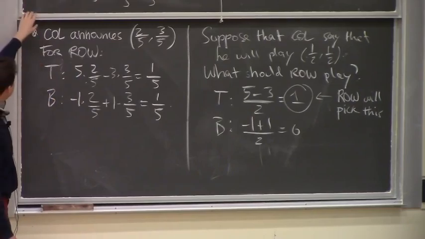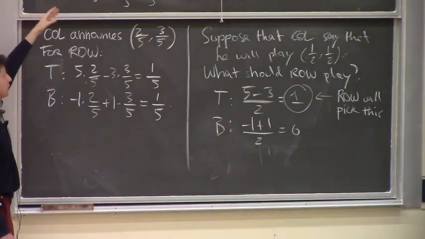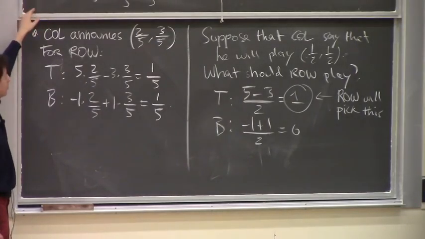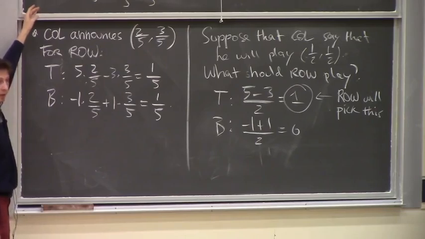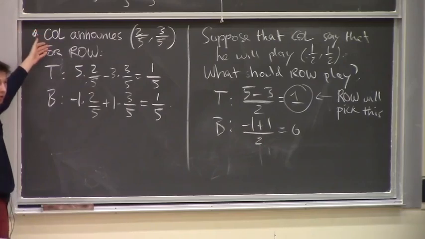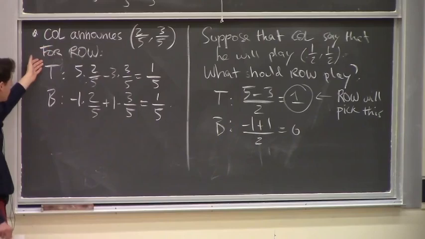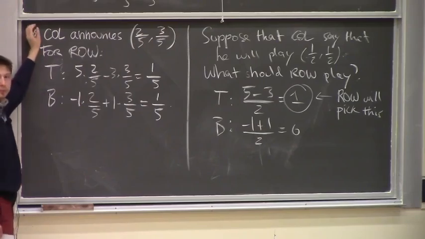So here you ask, how do I know that the row player cannot have some other magical strategy, x1 and x2, that makes sure that left and right are both higher than 1/5? Well, one way is to notice that the column player could, among all the things he can do, play this strategy that says, regardless of what the row player does, the utility cannot be higher than 1/5. OK? Kind of they bound each other. OK.